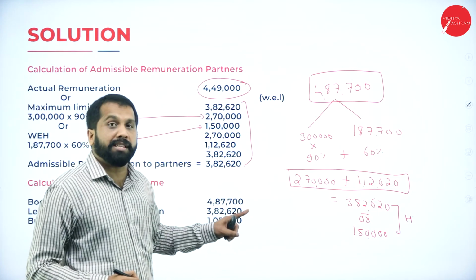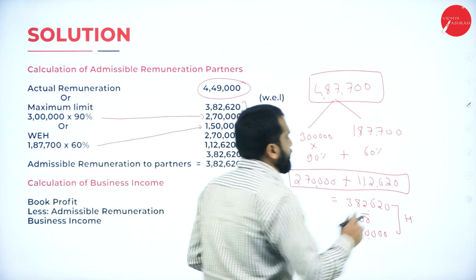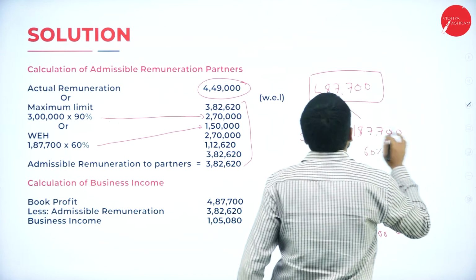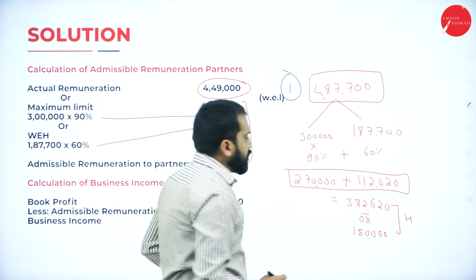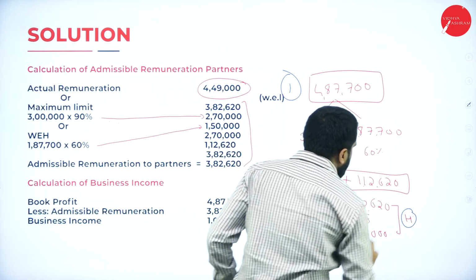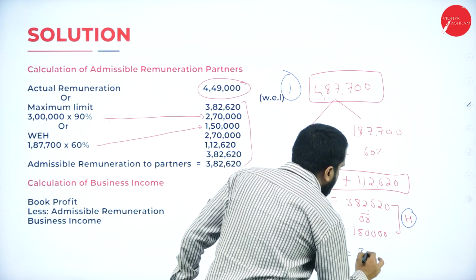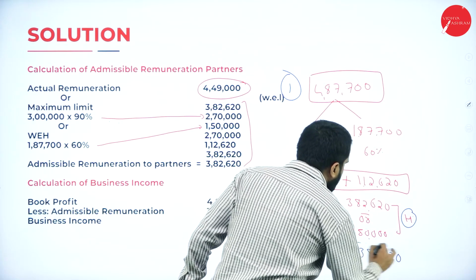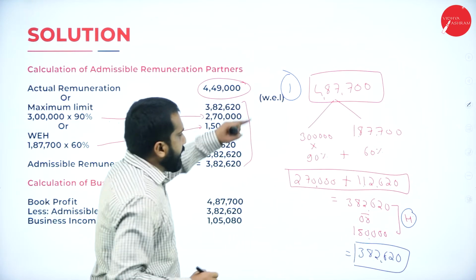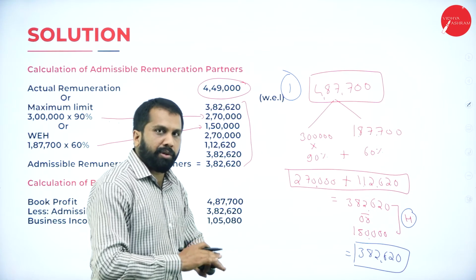Out of this, whichever is higher, what we did, that is your step 1. Step 1, whichever is higher. Your answer is 3,82,620. Any doubt in the step 1? No doubt.